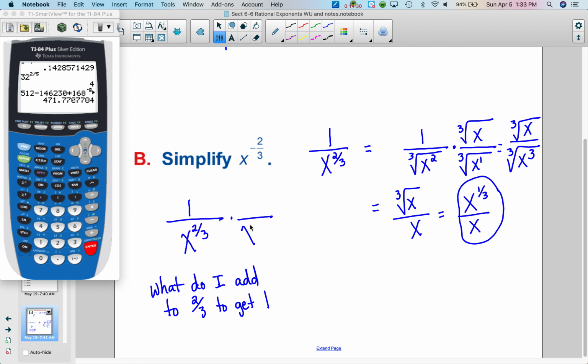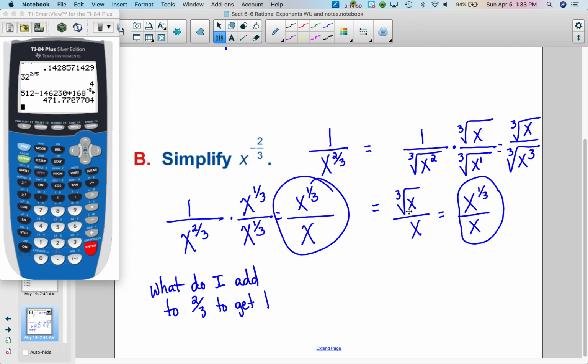Well, I need another third, right? 2/3 plus 1/3 is 1. Whatever I do to the denominator, I do to the numerator. If you add the exponents, you're just going to get x to the 1st. And here you're multiplying, and you get x to the 1/3. And there's my answer without going through that.